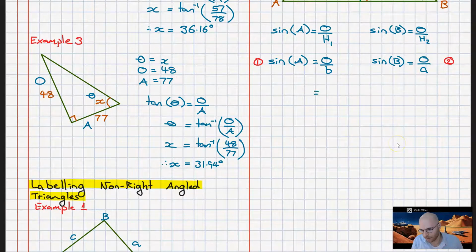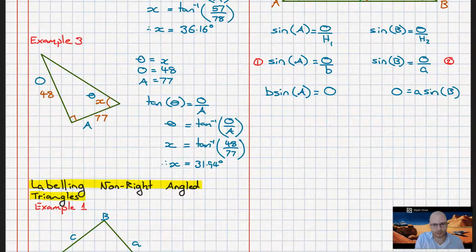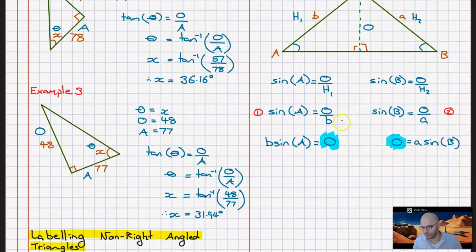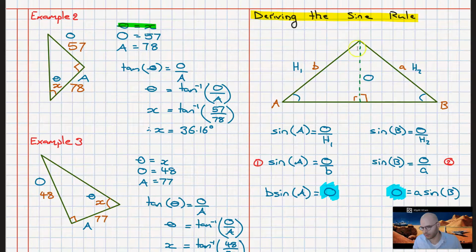So rearranging that, opposite is equal to b sine A. And over here, the opposite is going to be equal to a sine B. Now looking at this, we've got b sine A is equal to the opposite, and the opposite is equal to a sine B over here. So both of these equations are equal to one another because they share a common opposite side here.